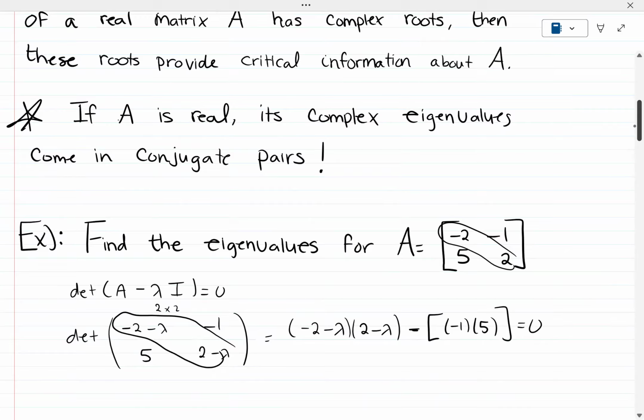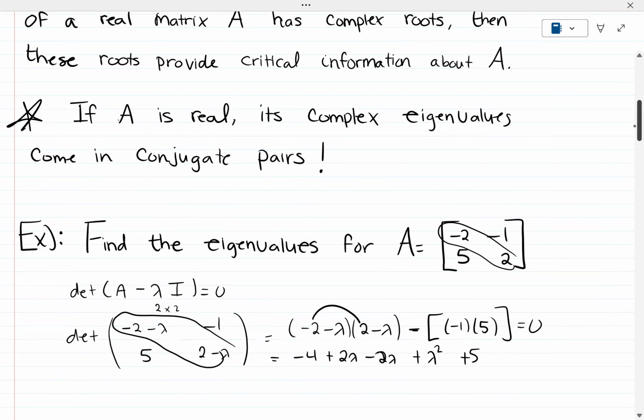If I FOIL this out, I'm going to save you work. You're going to get negative 4 plus 2 lambda minus 2 lambda plus lambda squared plus 5.